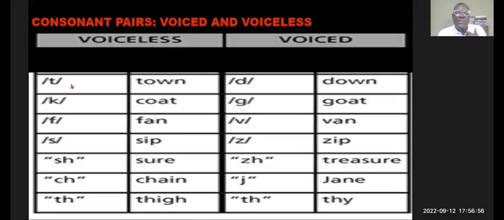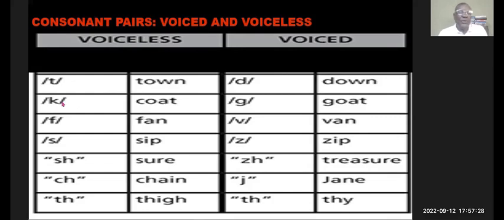The sound T, and the word town. Then produce the sound D, and the word down. You will notice the difference between the voiced and the voiceless. The voiceless involves no vibration, and the voiced involves some vibration.